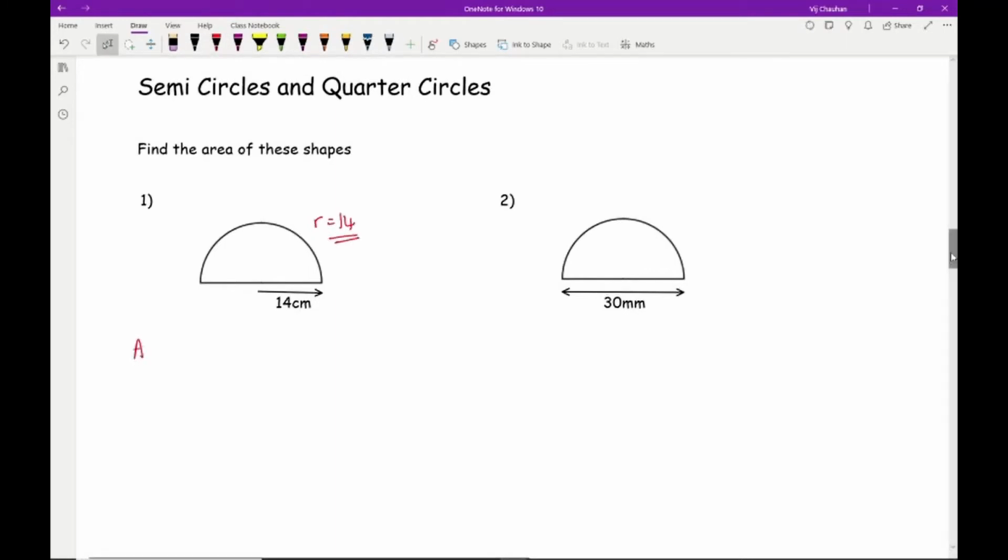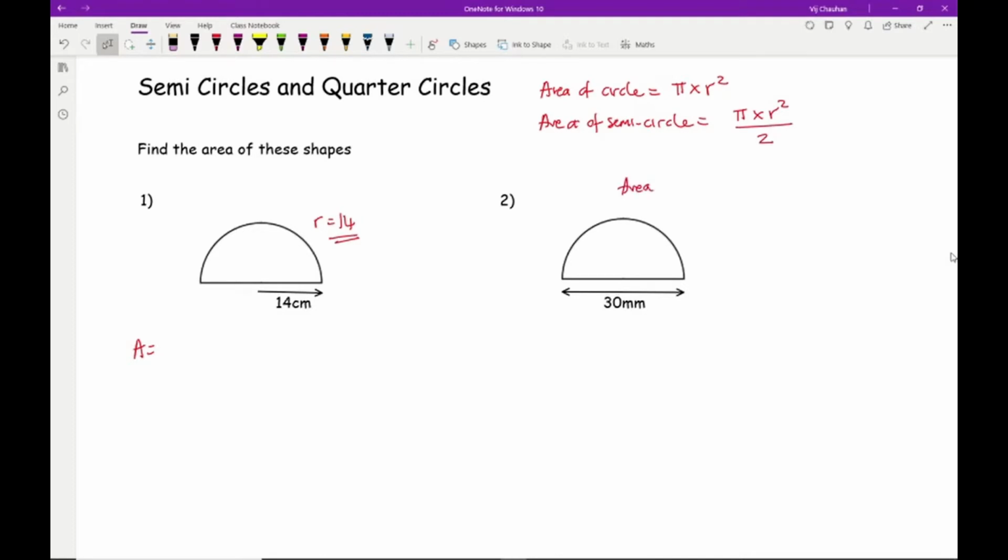So the area of this is going to be, now for a semicircle, the area of a circle is pi times r squared. Then the area of half a circle, so the area of a semicircle, is going to be pi times the radius squared, all divided by 2.